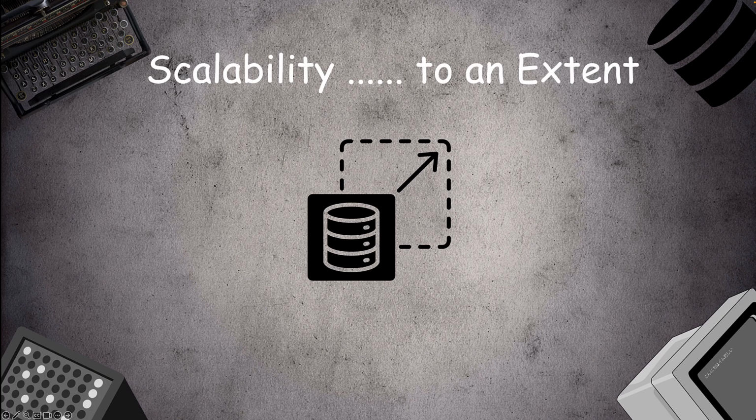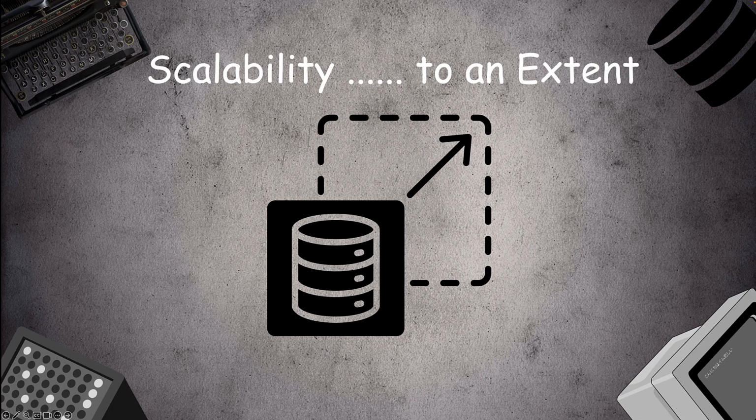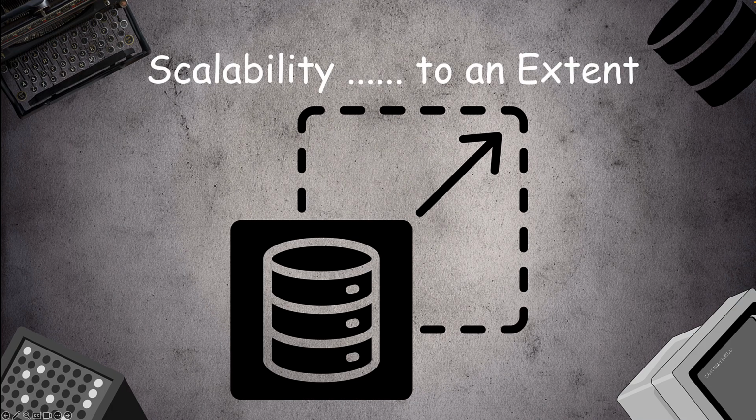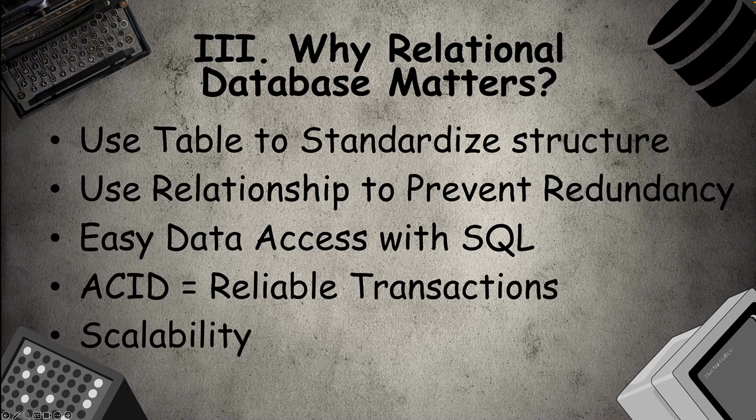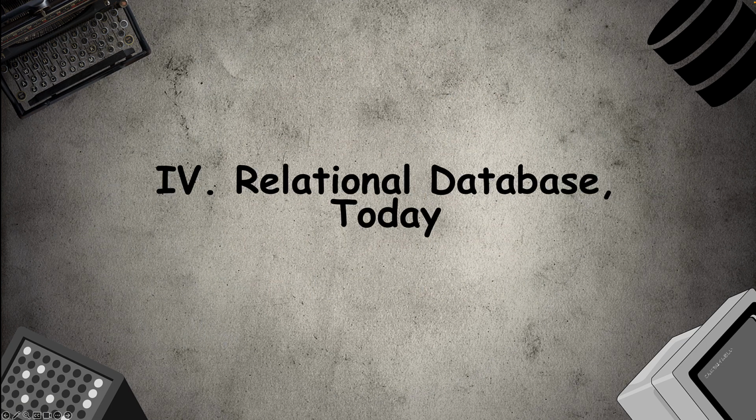The last one is scalability, but scalability has a limit. Relational databases can scale, just add more memory, CPUs, or bigger servers. However, this scalability worked best before the explosion of big data. Even now, with so many different types of databases to choose from, relational databases remain the dominant force for most organizations.